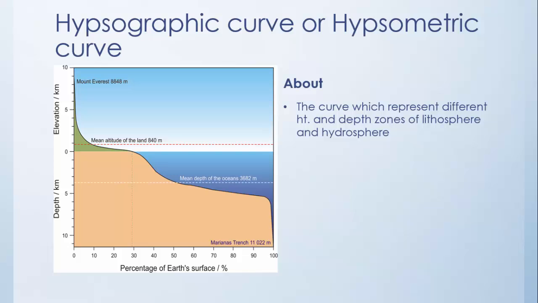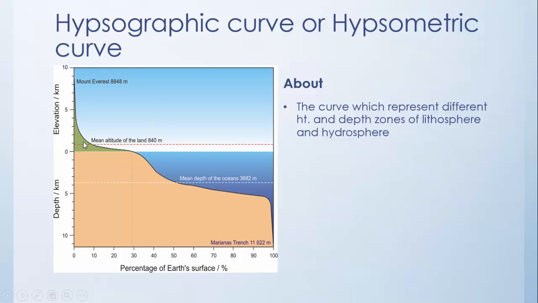First, we will see about the hypsographic curve or hypsometric curve. It is the curve which represents the different height and depth zones of the lithosphere and the hydrosphere, that we can see in this diagram.